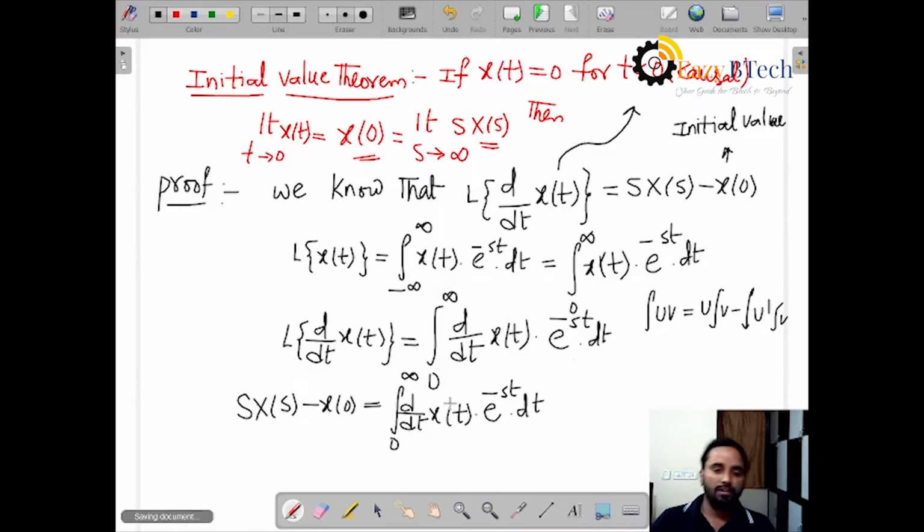Now, in the initial value theorem, x of 0 is equal to the limit as s tends to infinity of s into X of s. So what I am going to do is apply the limit s tends to infinity on both sides. That is the step required. No need of uv here.